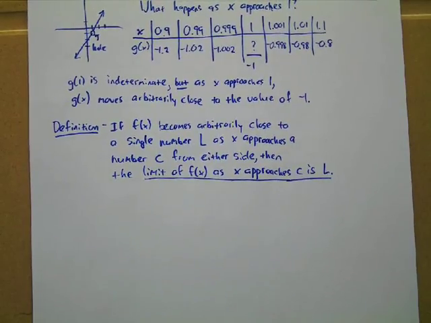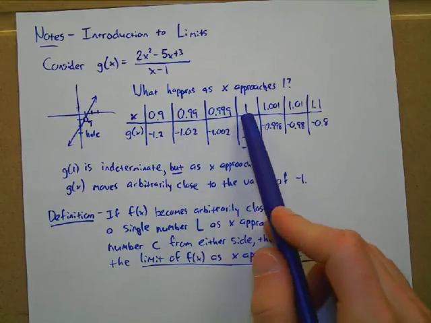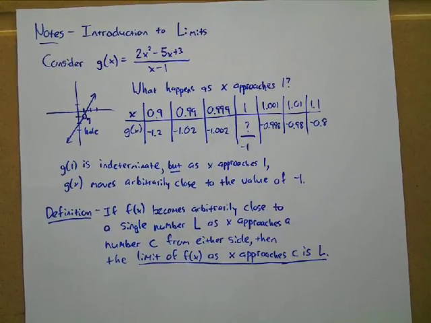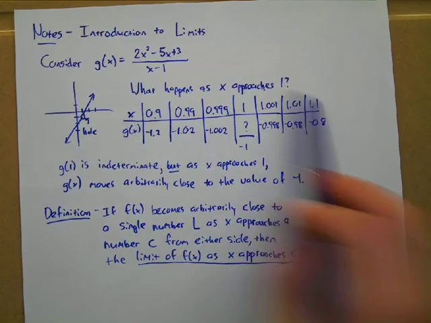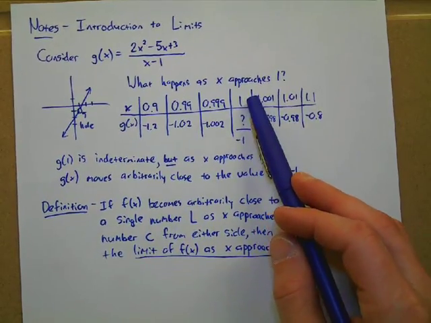We have our x value. So like in the case back up here, the x value that we were approaching was 1. Simultaneously to that x value approaching 1, our y value was also approaching a number, in this case -1. So the C that our x was approaching was 1, and the capital L value, the limit that our function was approaching, is -1. So x was approaching 1.